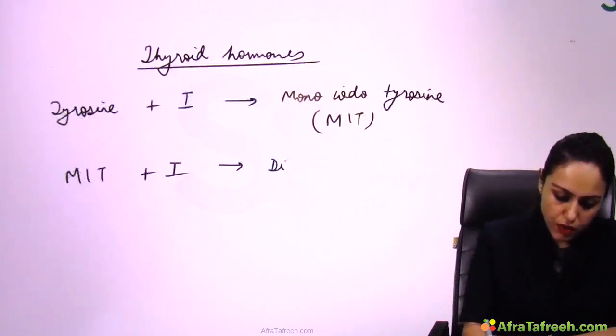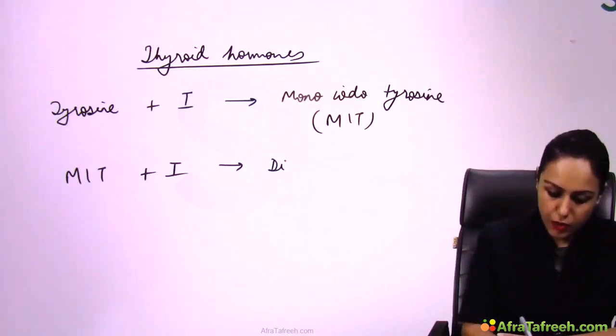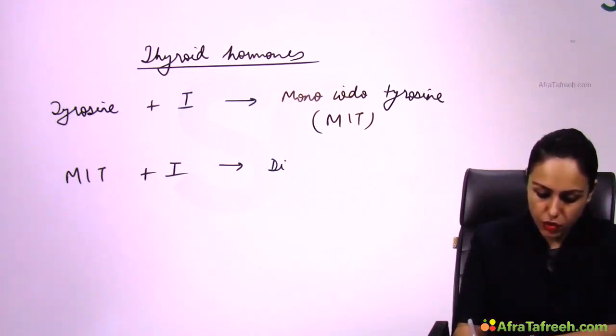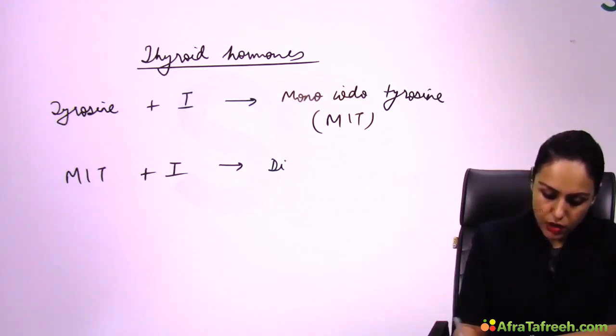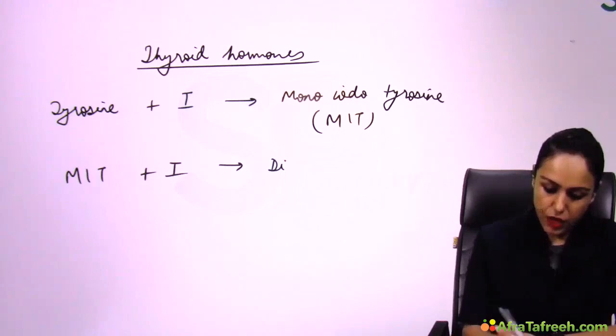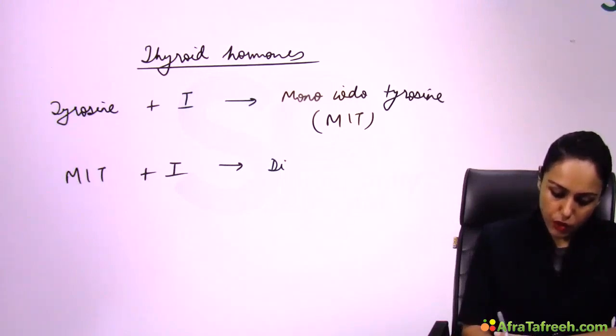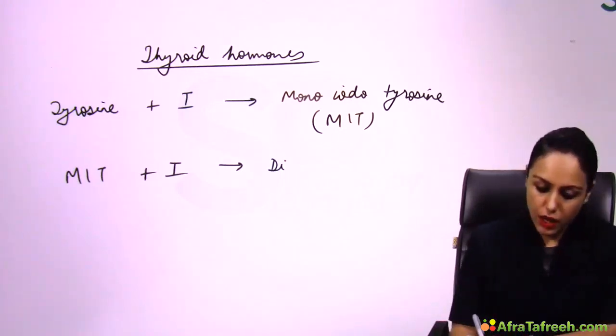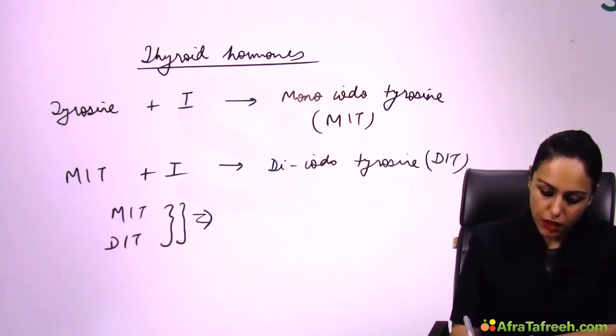Another use is synthesis of thyroid hormones. So what will happen? The amino acid tyrosine will be taken. One iodine is added here. It is called monoiodotyrosine, that is MIT. In this monoiodotyrosine, you add one more iodine, and this becomes diiodotyrosine, that is DIT.